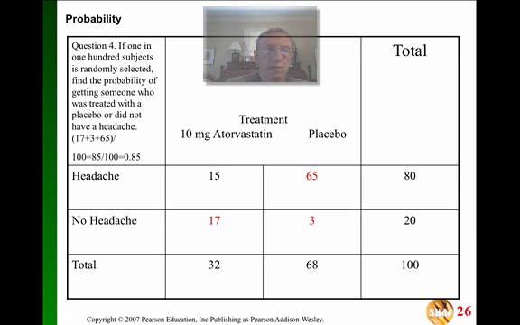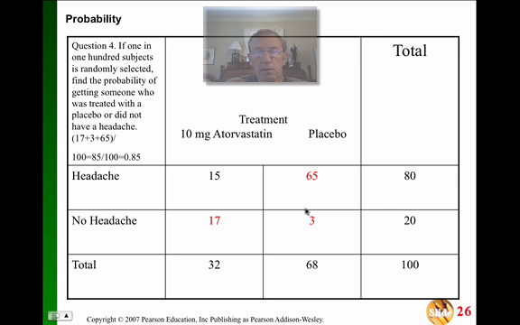If one of our 100 subjects is randomly selected, find the probability of getting someone who was treated with a placebo or did not have a headache. So let's count all the people with a placebo, everybody in this column, 68. Let's count all the people who did not have a headache, 17.